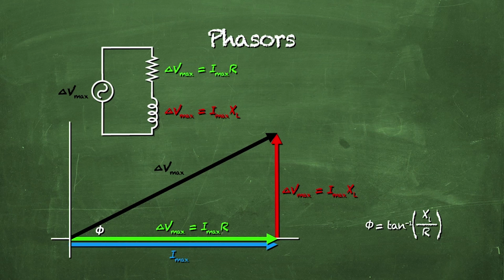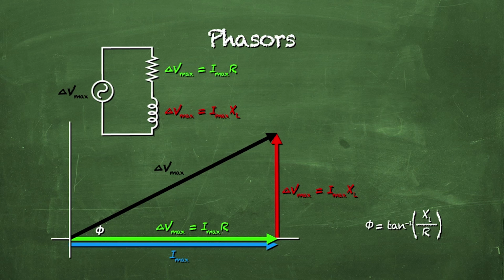The voltage across the inductor is 90 degrees out of phase with the current, so we're going to place that on the positive y-axis. So the voltage across the inductor is represented by a phasor at 90 degrees to the x-axis, or along the positive y-axis.